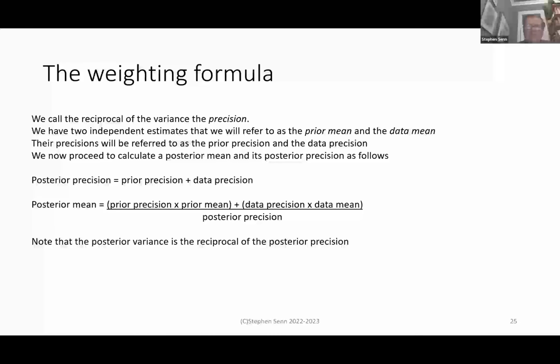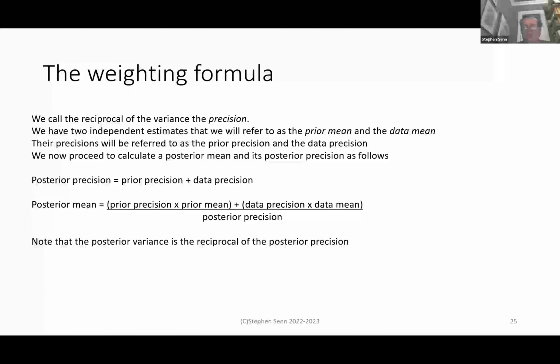Precision is the reciprocal of the variance, and the posterior precision is equal to the prior precision plus the data precision. The prior precision here is the reciprocal of the variance of the result we got for all patients, the large number of patients we studied previously, and the data precision is the precision for this particular patient. And the posterior mean is the prior precision times the prior mean plus the data precision times the data mean, divided by the posterior precision.